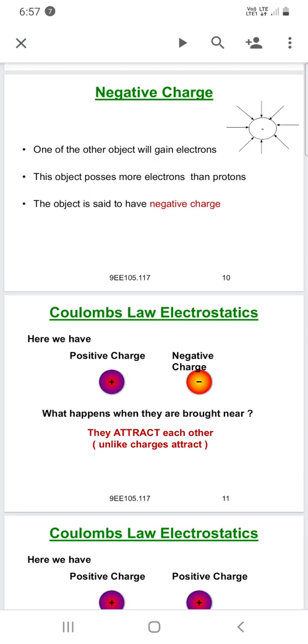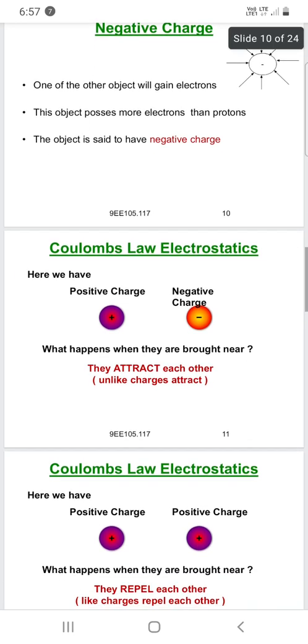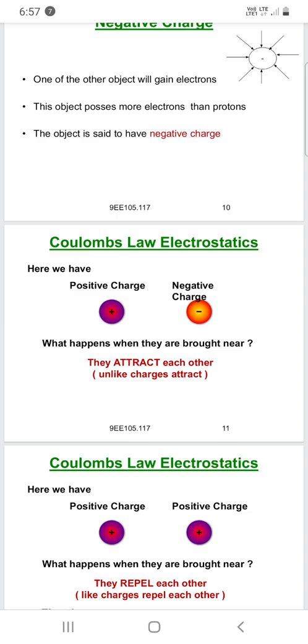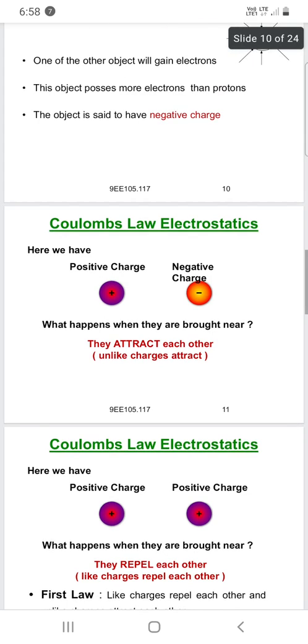So one positive charge and one negative charge: the force that exists between the two charges is an attraction force. So they attract each other. That means unlike charges attract, and like charges repel.